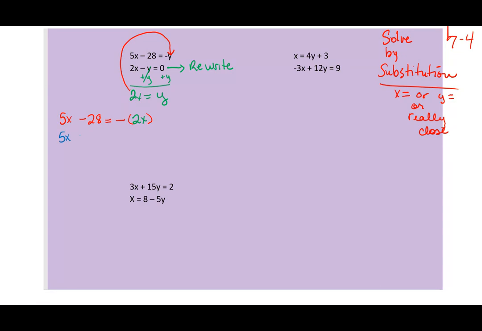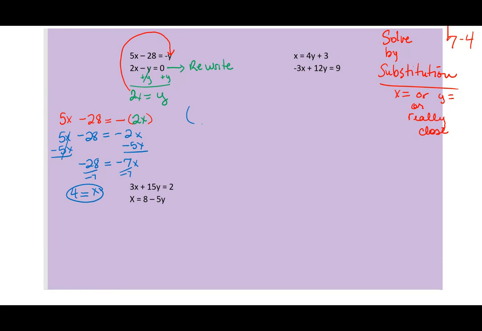I want to get the x's on the same side, so I'm going to subtract 5x on both sides. Negative 28 equals negative 7x. Now I've got to get the x by itself, so I'm going to divide by negative 7. And I get x is equal to 4.